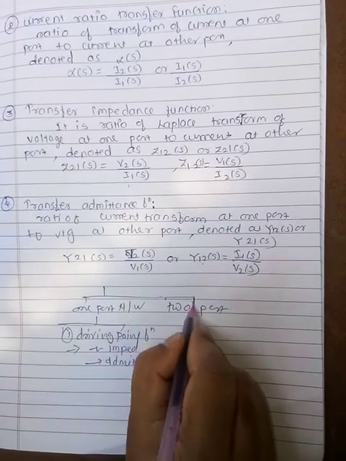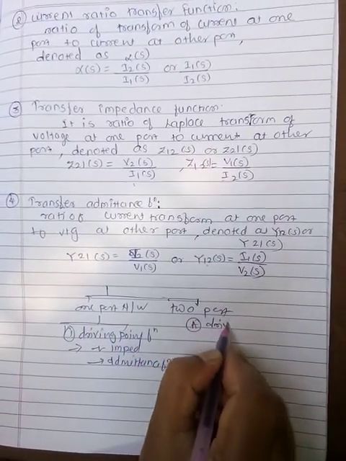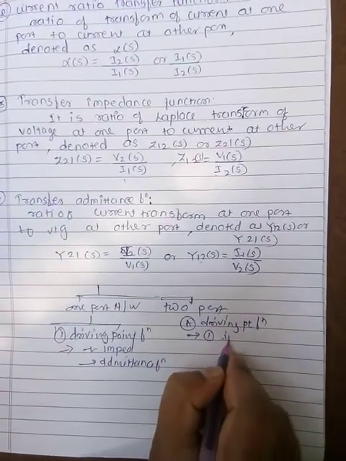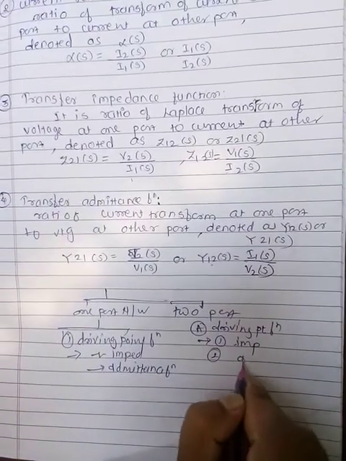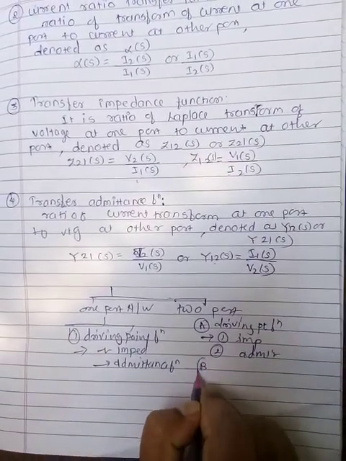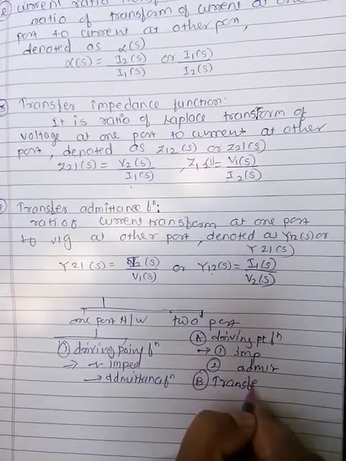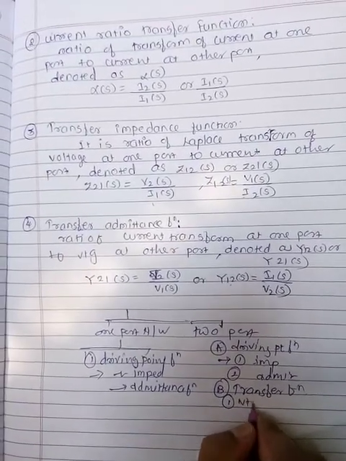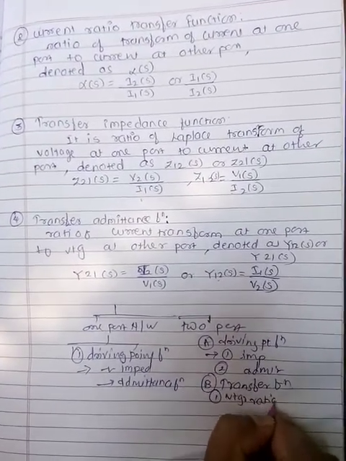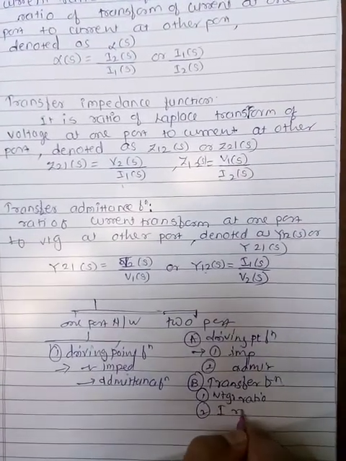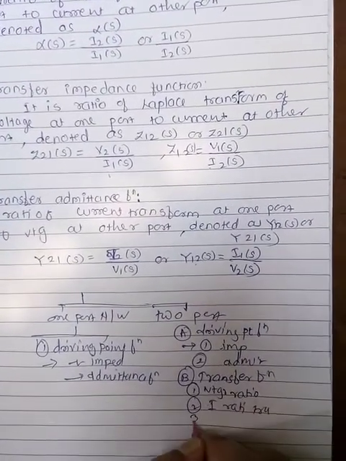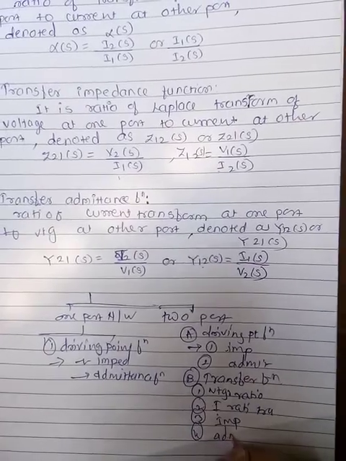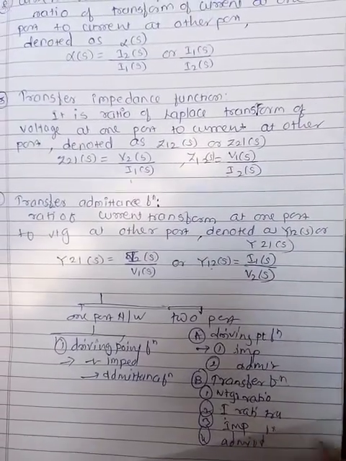The two port network has the driving point functions, first the driving point impedance function and second the driving point admittance function, and again second is the transfer function. In the transfer function there are four functions: first is the voltage ratio transfer function, second is the current ratio transfer function, third is the transfer impedance function, and fourth is the transfer admittance function. These are the four functions we have studied.